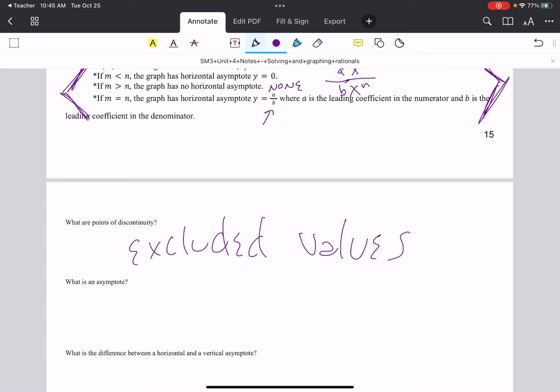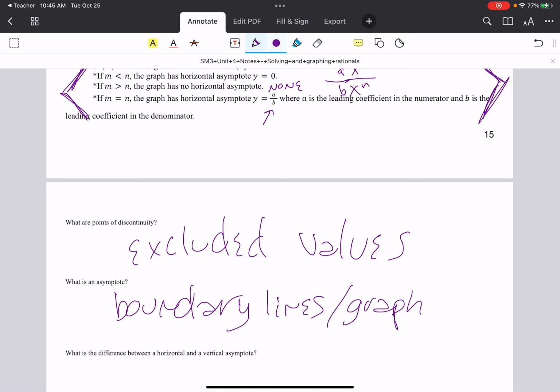What is an asymptote? Not excluded values, try again. That's vertical asymptote. Boundary lines or graph shapers, like Spanx for graphs. They shape the graph. I did not need that. Thank you. You're welcome.